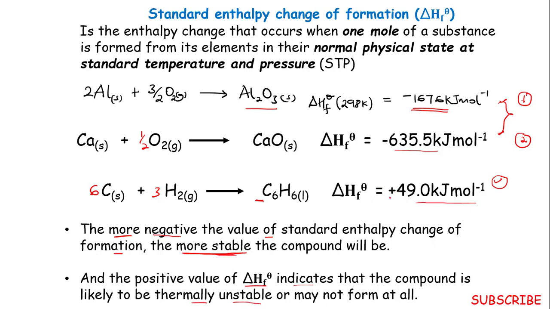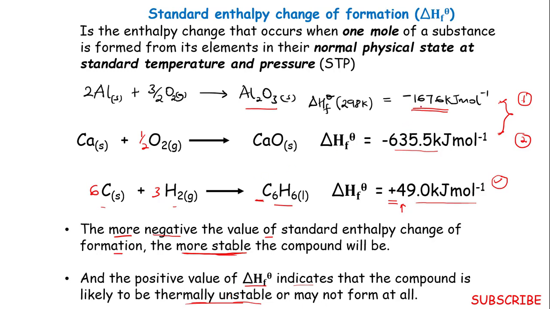Usually if something is positive, for example, enthalpy of formation of benzene, positive 49, this will show that this reaction is endothermic. The product is at a higher energy compared to the reactants, and as such, it's likely to be thermally unstable because it has a lot of energy.